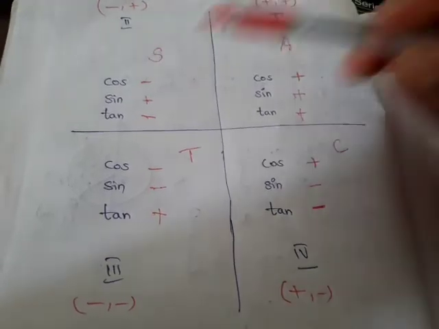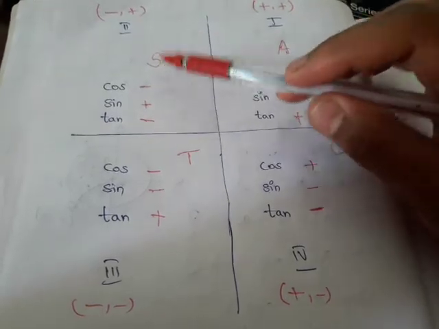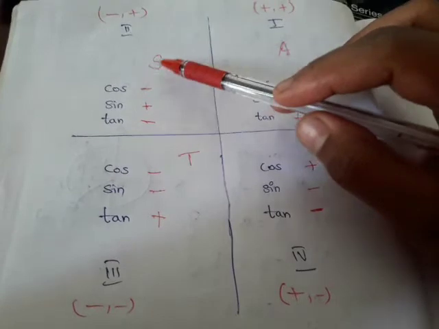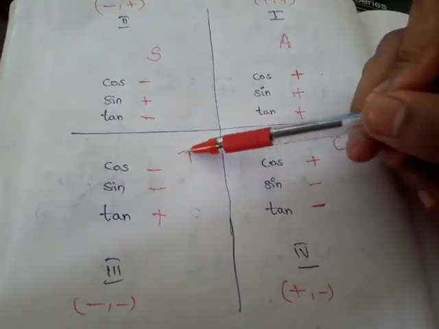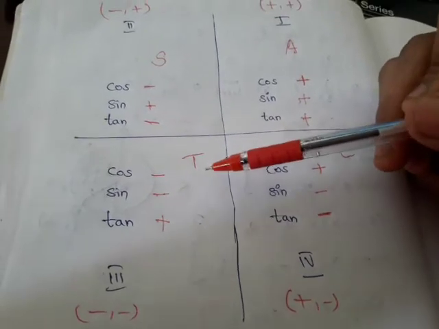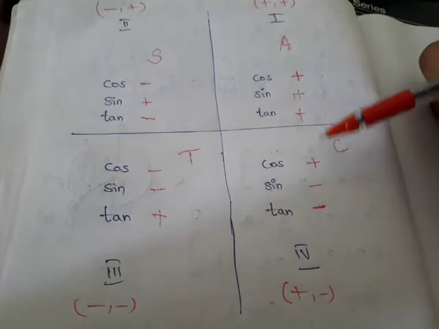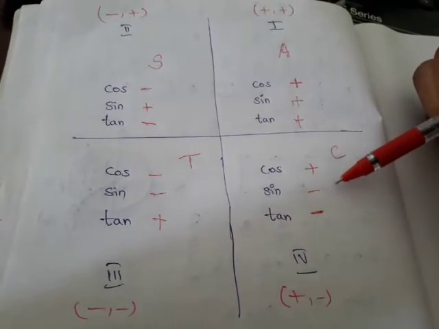All. In the second quadrant, silver. S means sine and its reciprocal alone will be positive. In the third quadrant, tea. Tan and its reciprocal alone are positive. In the fourth quadrant, C, only cos and its reciprocal will be positive. Remaining ratios will be negative.